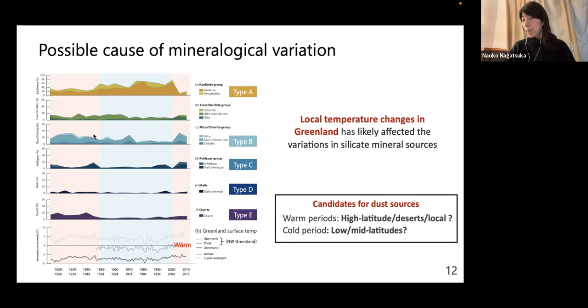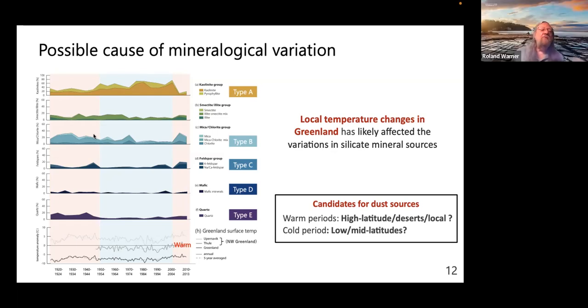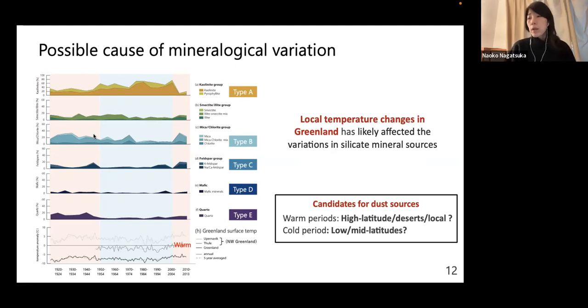But the coarser particles, in this presentation, types B, C, D, E, are likely derived from local sources, and they have coarser particles than type A. I can't quite read the scale there. Is that the absolute count of type A, or is that the proportion? Not proportion, but I counted 150 particles of each.